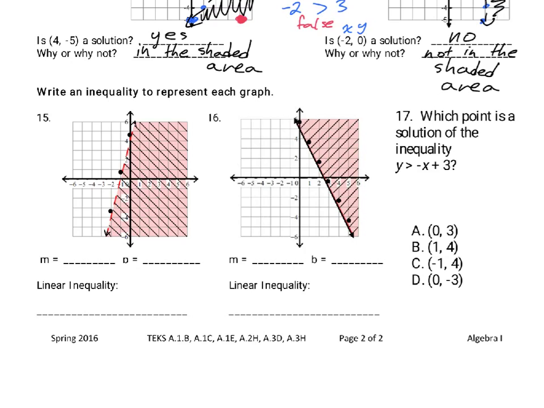All right, so here it says write an inequality to represent each graph. Okay, so we need to figure out the slope, the y-intercept, the b. In order to figure out the inequality, we also need the sign. So we know it's going to be something like y is something, mx plus b.